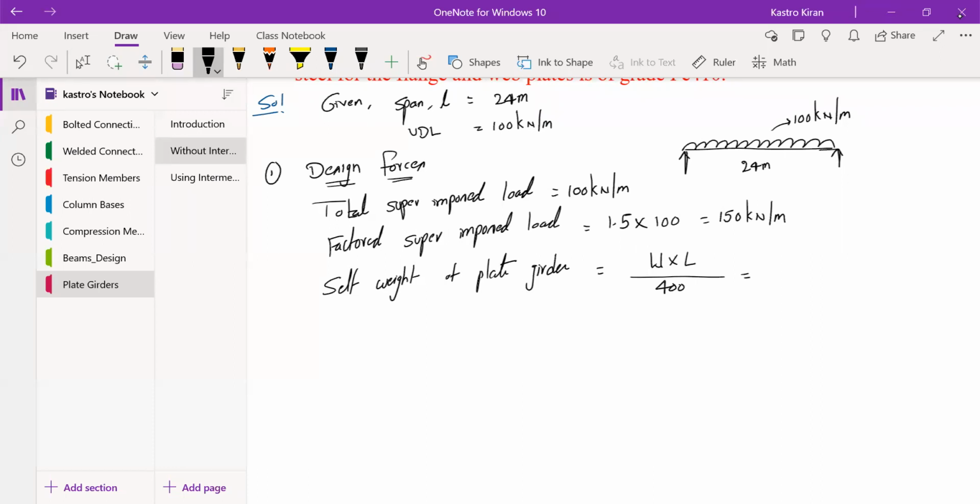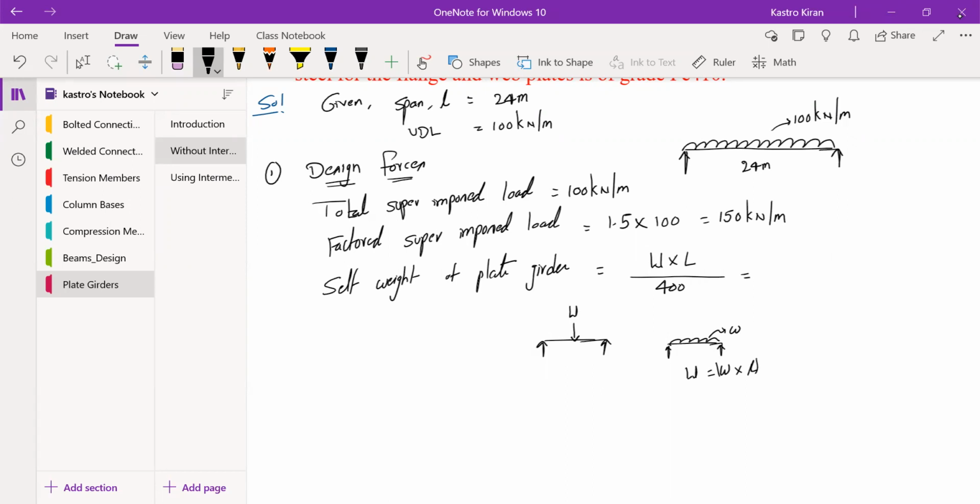Here the value of W changes based on the type of loading. Suppose you have a beam like this, and if the load is just a point load, then this value will become the capital W. If the load given is a uniformly distributed load, say for example small w kilonewtons per meter, then capital W is small w, the intensity of the uniformly distributed load, into length.